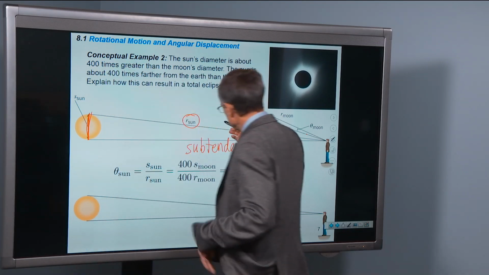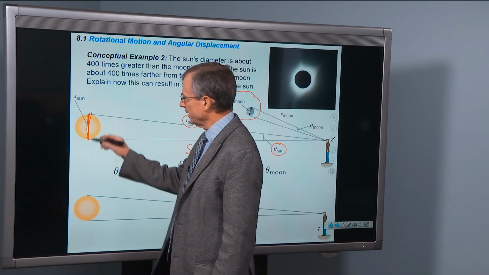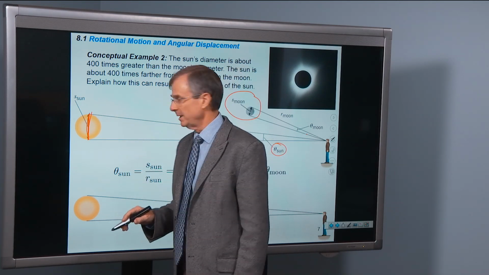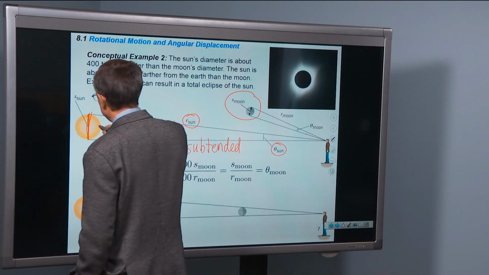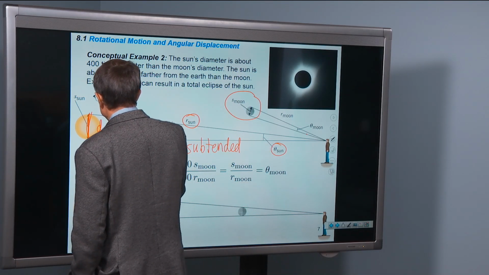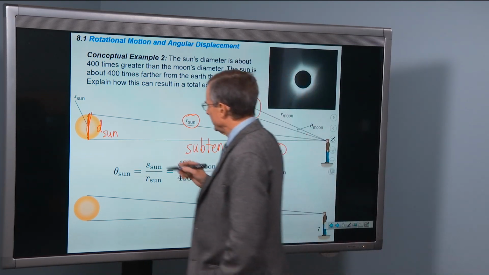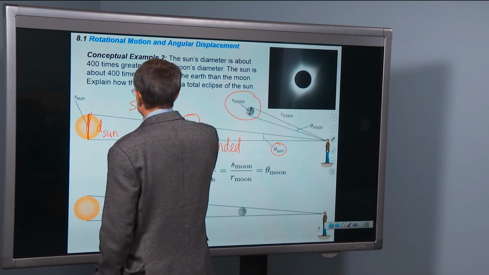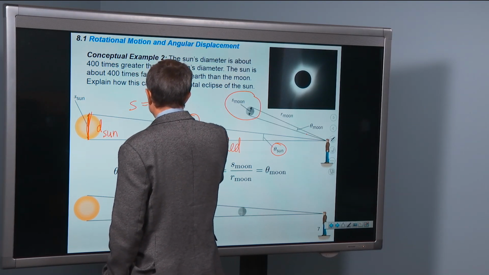But this angle is so small that that arc length can effectively be treated as a straight line and be considered as the diameter of the sun. And so we know that S, the arc length, is r theta.